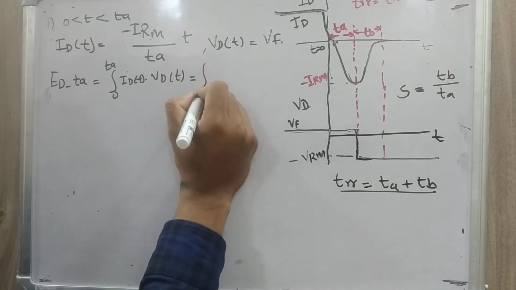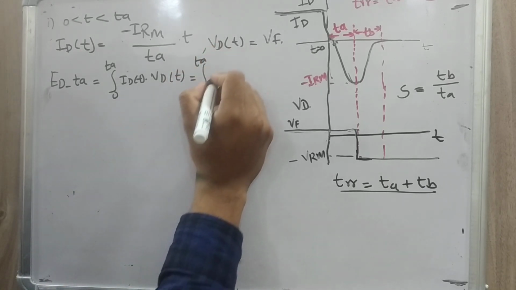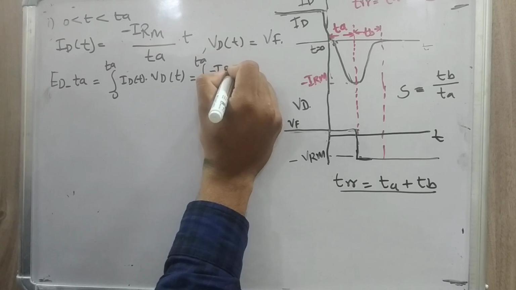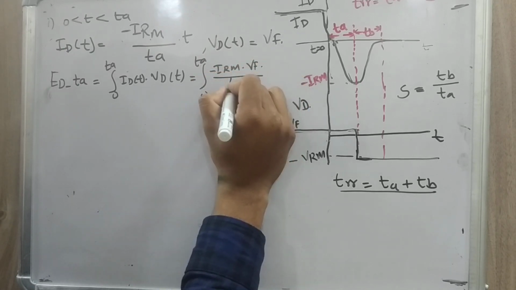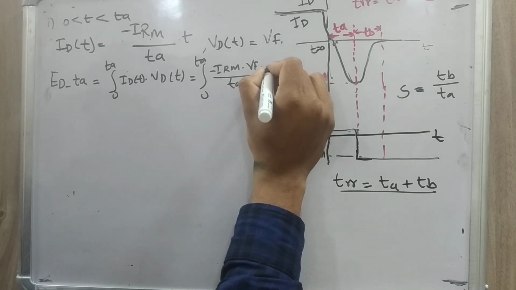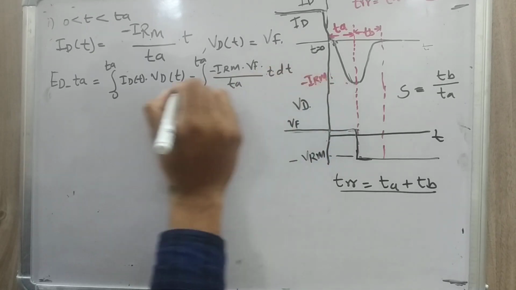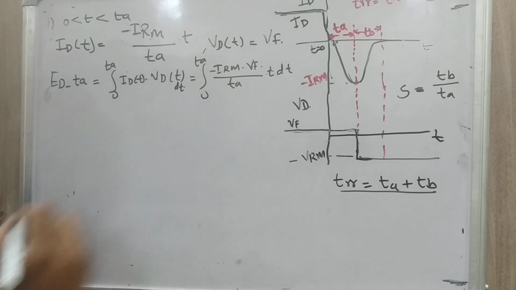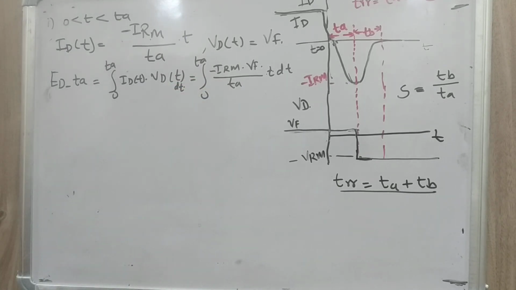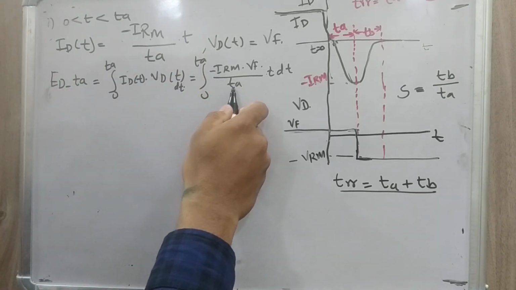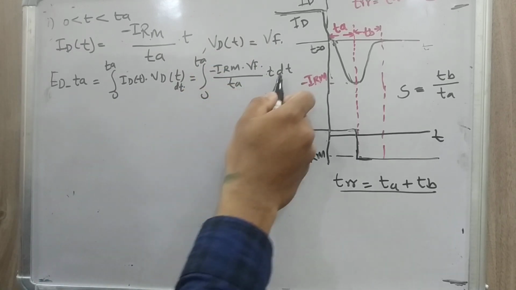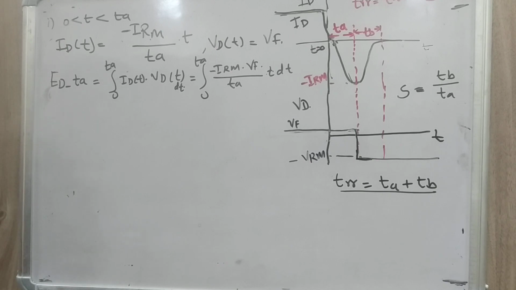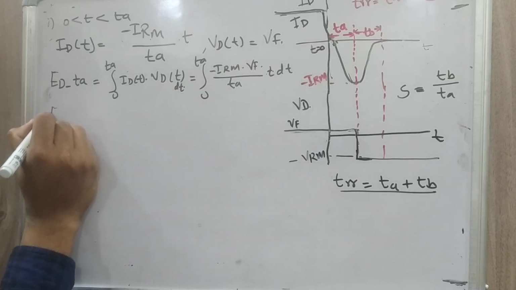So it is the integration from 0 to TA of minus IRM into VF upon TA into t dt. Here I forgot to mention dt. So here ID is put down and VD of t is put down, which is VF.